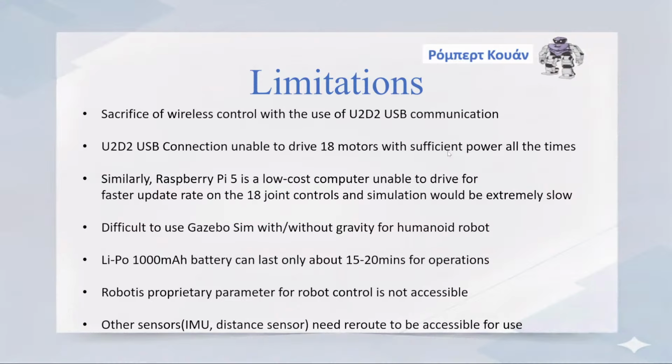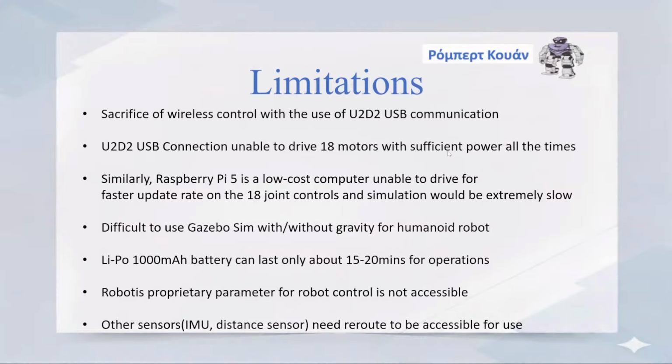And as I mentioned again, there are some proprietary parameters for robot control, which I don't have access to. Now I will explain why the motion for the walking is so much slower than the actual one that I could have achieved with the CM530.